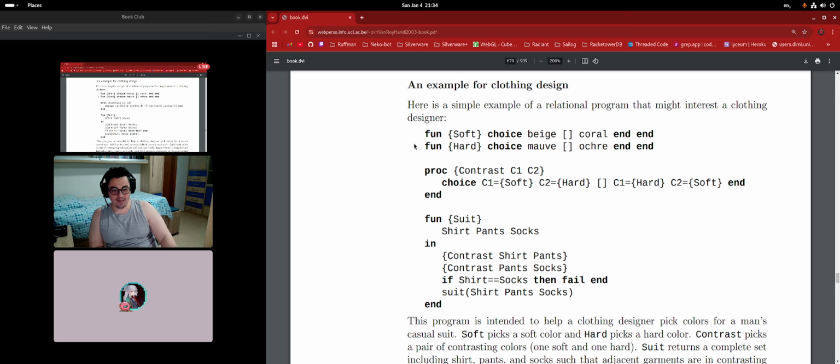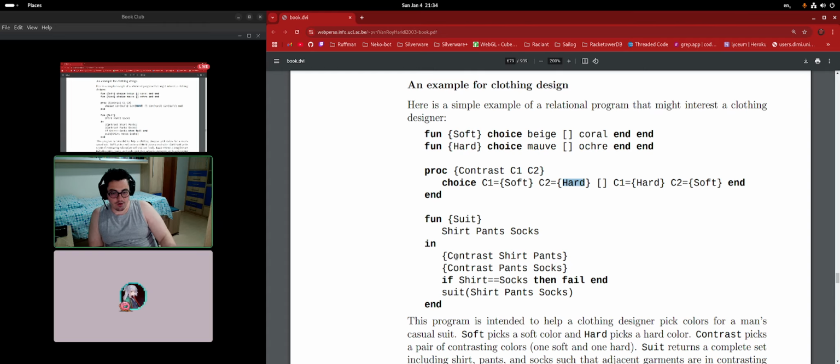So what is this? We're trying to make all the possible combinations for clothing. We have a function called soft, which has two possible choices, beige and coral. And we have hard, which has two possible choices, mauve and ochre. I don't know how to pronounce these. Then you have a procedure called contrast that picks two variables, and you make a choice by binding C1 to the color soft and C2 to the color of hard, and you do another choice doing the opposite.